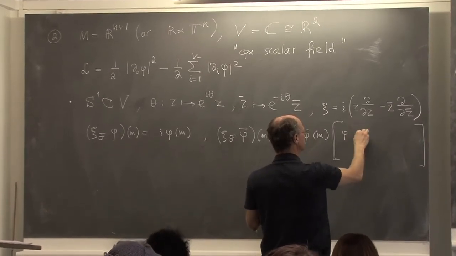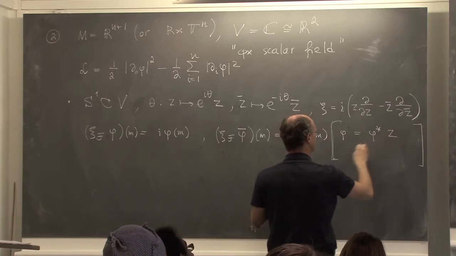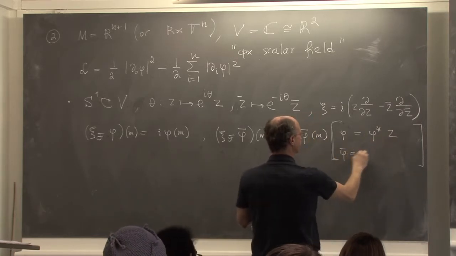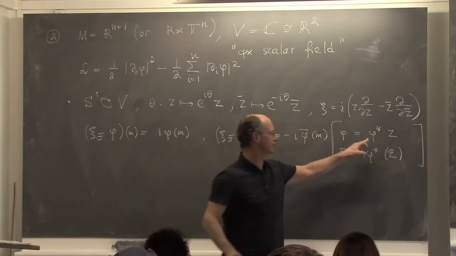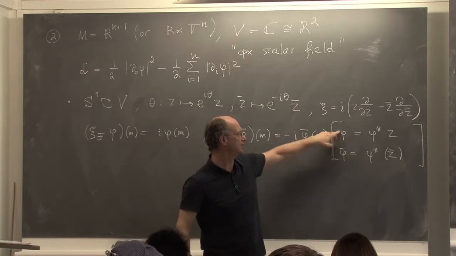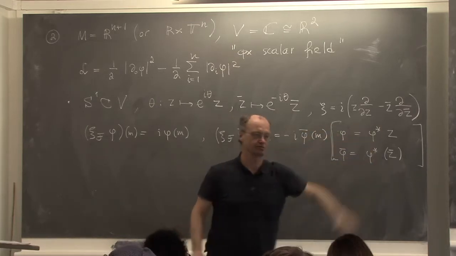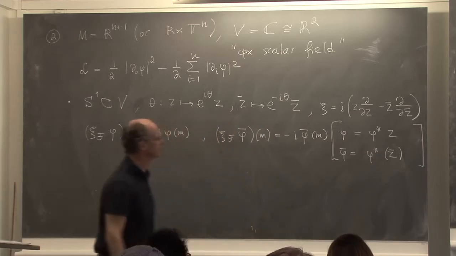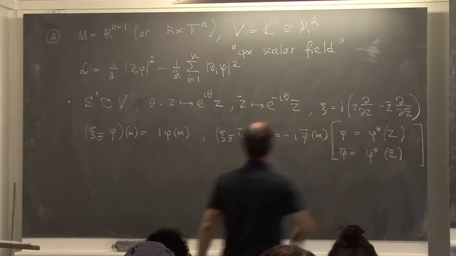Maybe somewhat strangely, let me write it this way. Of course, on the right-hand side, I use phi as a map, and here I use phi as a function on M. So roughly speaking, that's how it works.